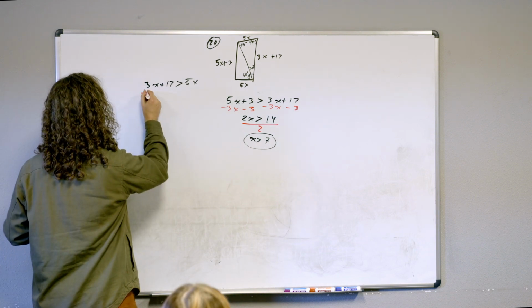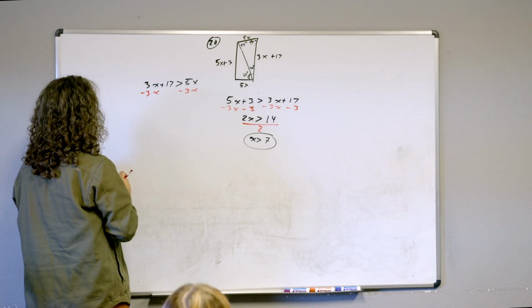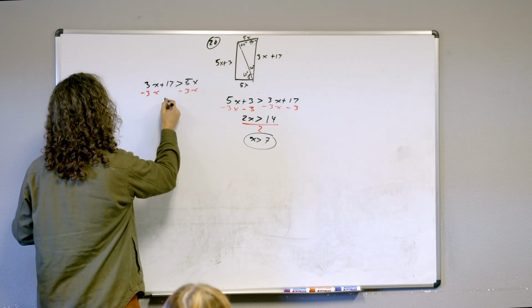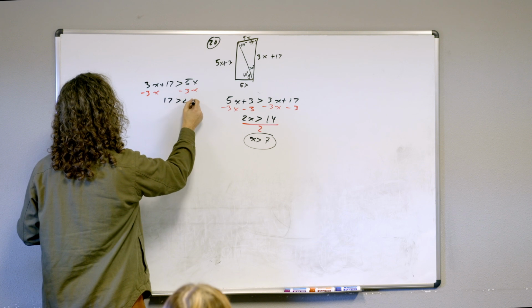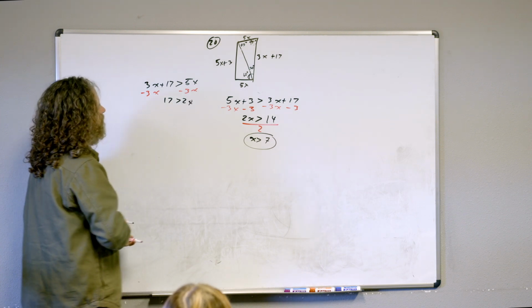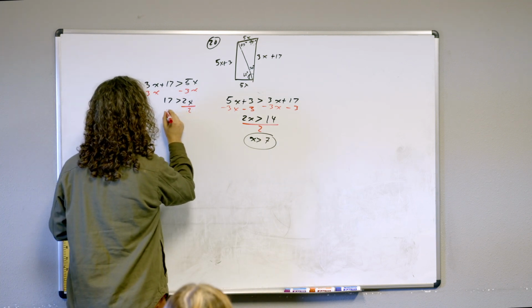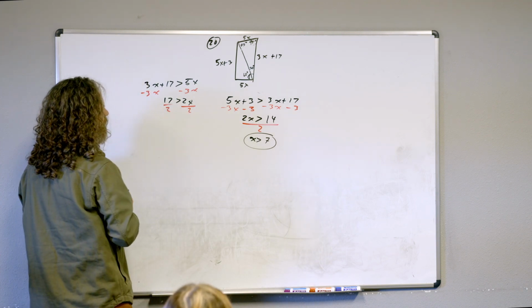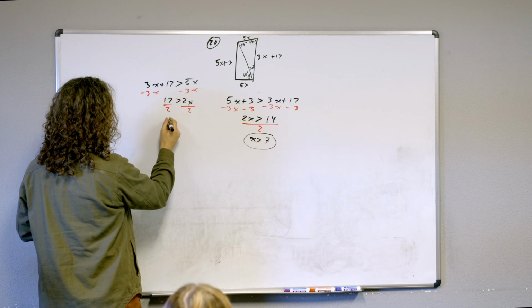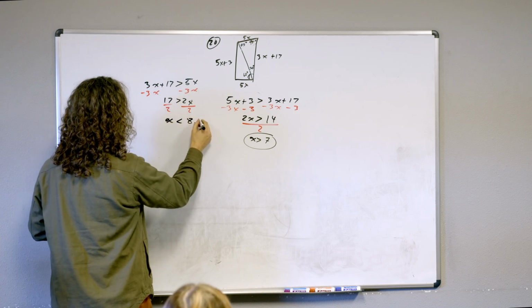So you subtracted the 3x and got 17 is greater than 2x. And then divided it by 2, and 8.5 is greater than x. So x is less than 8.5.